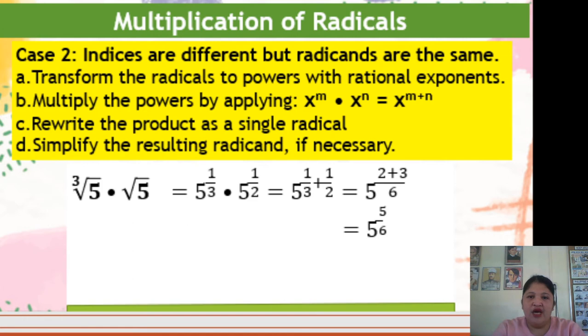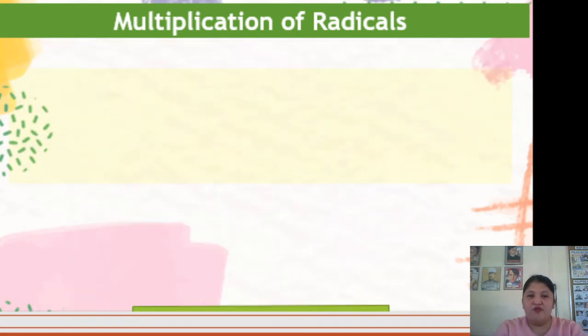So now, we have here 5 to the 5/6. And we transform this again, the exponential form into the radical form. So the final answer is the sixth root of 5 raised to 5. And the final answer would be the sixth root of 3,125. Easy? Okay.